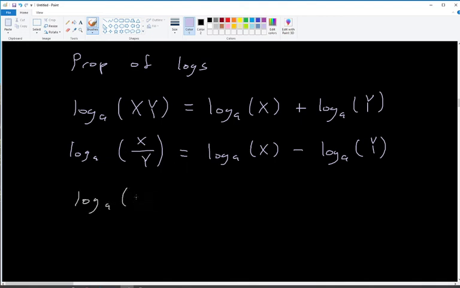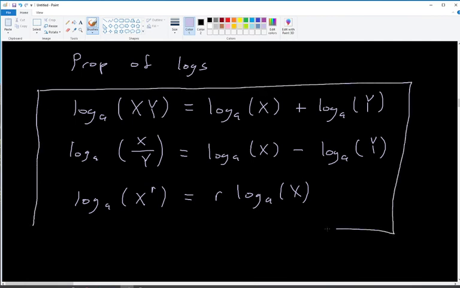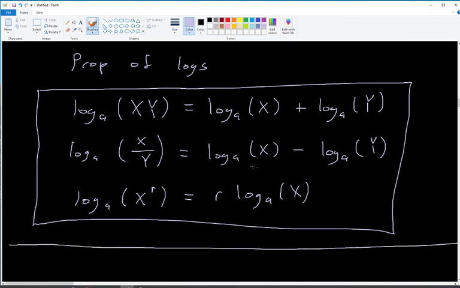Suppose we had log base a of x to the r power. The r is able to push out front of the logarithm, and you get r times log base a of x as the equivalent form. So these are our 3 properties of logarithms, and we're going to use them to do what's called expand and condense.